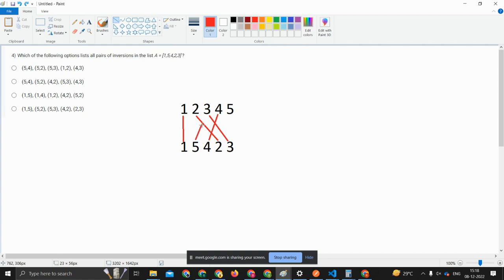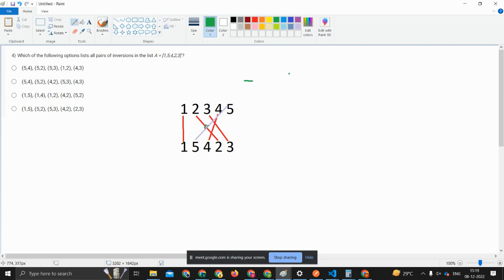So it is 5, 4, 1 for sure. In order to see how many intersections you have, what are all the intersections? So we have 5, 4, 5, 2.